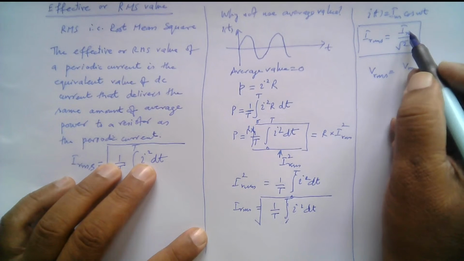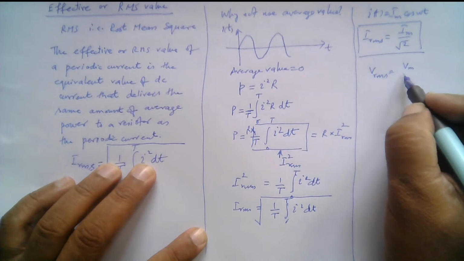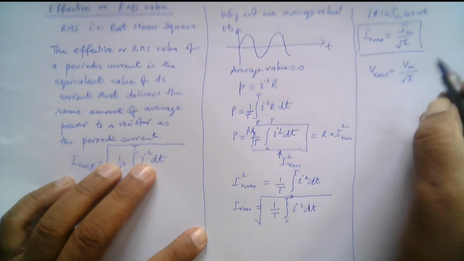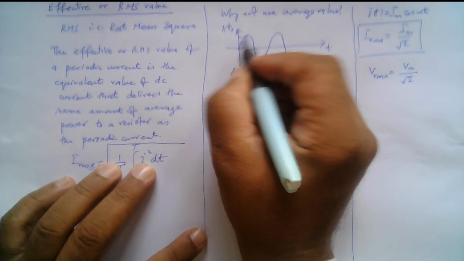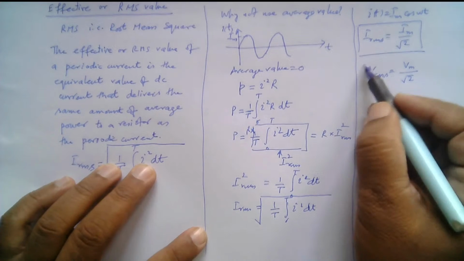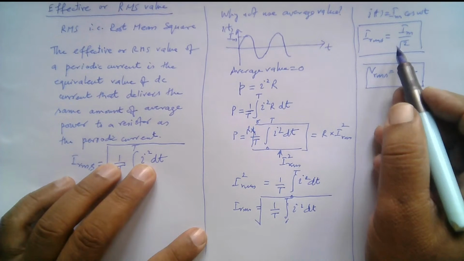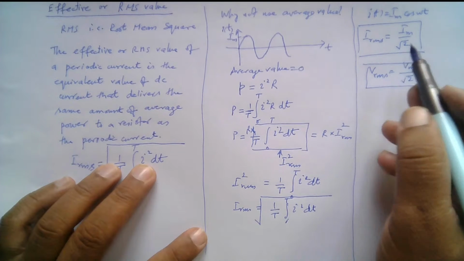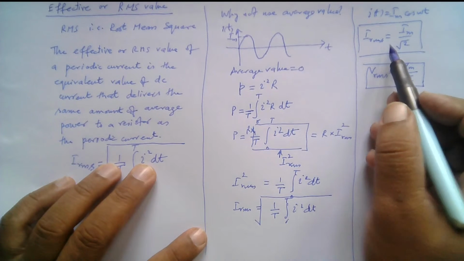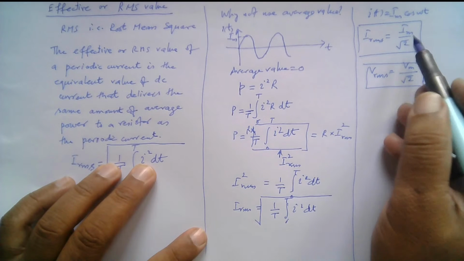Im is the peak value, right? And Vm is the peak value. So for a sinusoidal voltage or current, whether it's in sine form or a function of cosine, the RMS value is given by this formula.